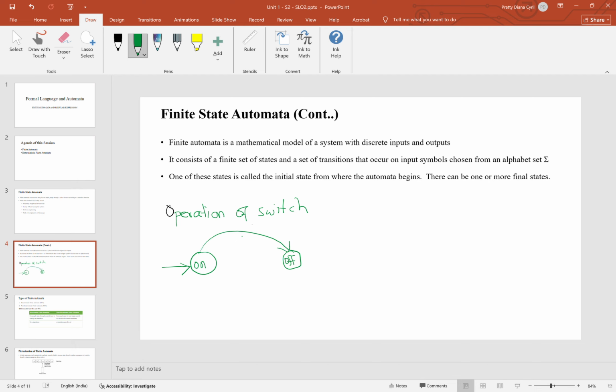When we press the switch, that is the input. So whenever we are pressing the switch, the state will vary. It may be on or off.